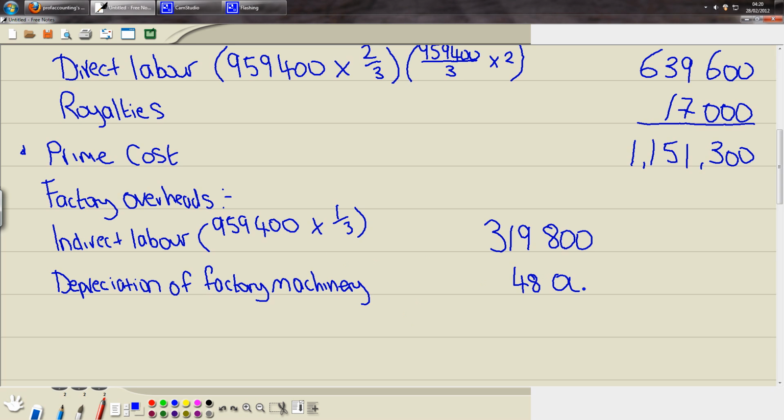Okay. And the last thing we've got, it does say there factory overheads excluding the direct labour costs. So you've got factory overheads. No need to write factory again, you've already got the title factory overheads. So overheads, in this case, was that value 548. Okay, that's it. Add these three values together.